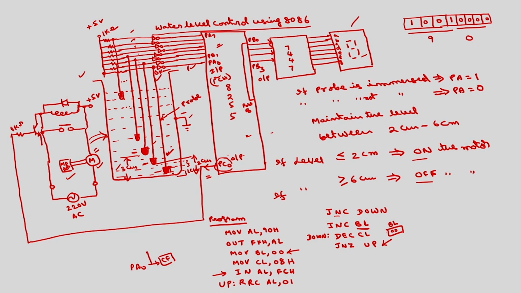Let us assume that there is a lookup table. I am maintaining a lookup table here. Say the starting address of this data segment is 50,000 H, and with an offset of 5,000 H, means 55,000 H. This offset is 5,000.